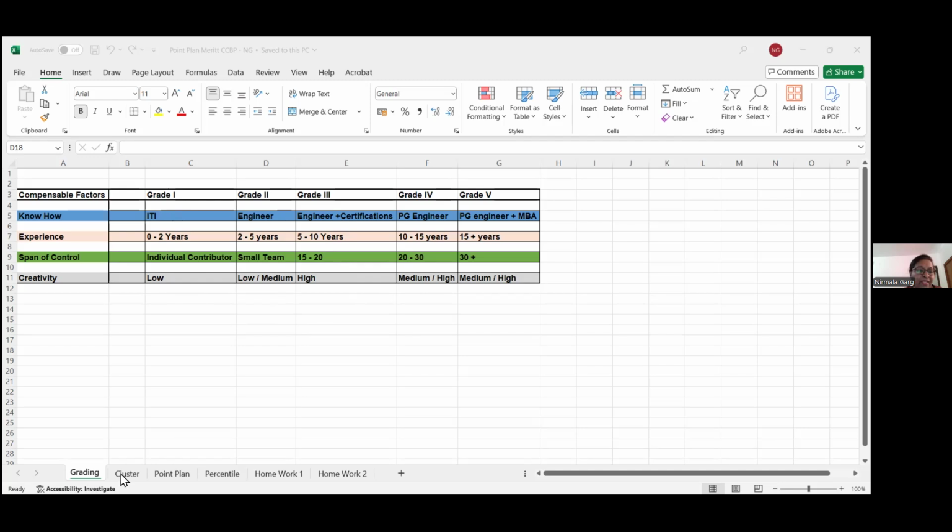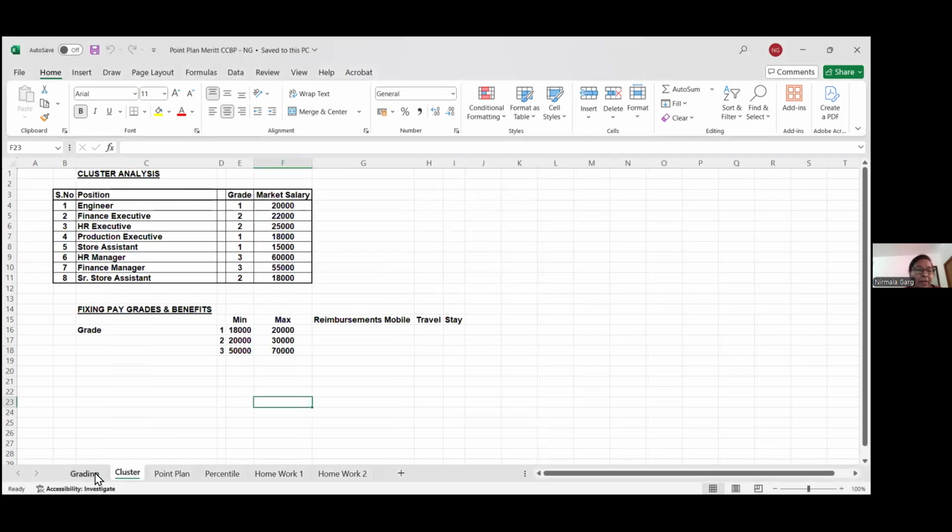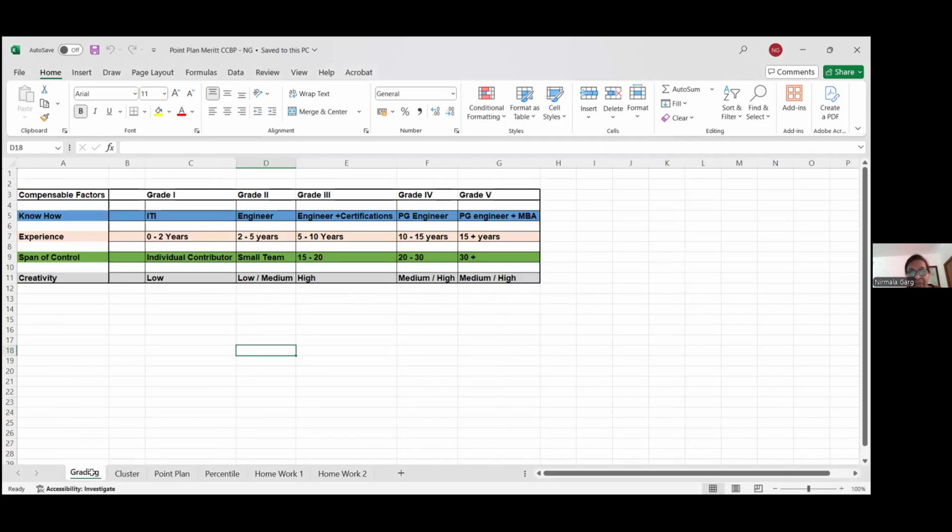So after doing the evaluation, I want you to take not just 10 positions and say, hey, these positions come under grade 1, these positions will come under grade 2, these positions will come under grade 3. So what are you doing?